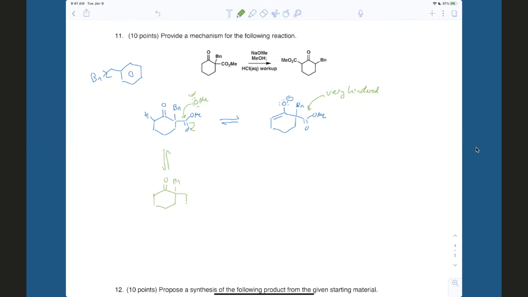But as you can see, this also doesn't really help us out at all. Because this would just break down and collapse, and we get the starting material back. I'm saying that these are all things that could happen, and we have identified two of the three that are non-productive.